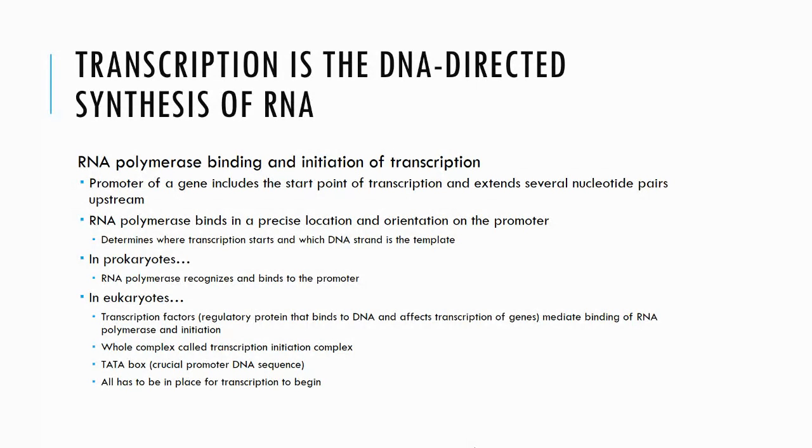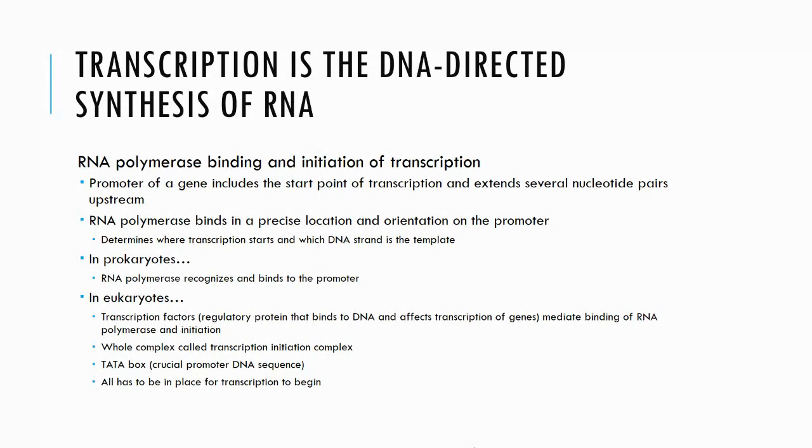In prokaryotes, RNA polymerase recognizes and binds to the promoter, but as always, in eukaryotes it's not that simple. Several things have to be in place before transcription can start. First, there have to be transcription factors to mediate the binding of RNA polymerase and initiation, and that whole complex is called the transcription initiation complex.